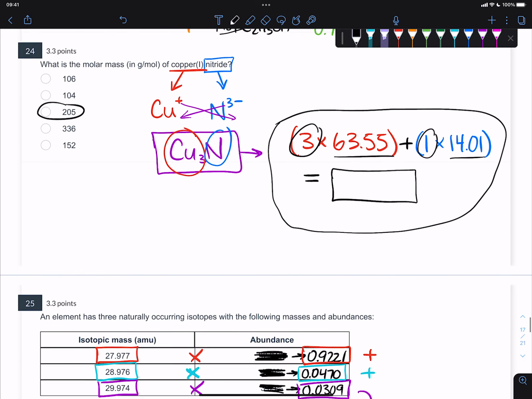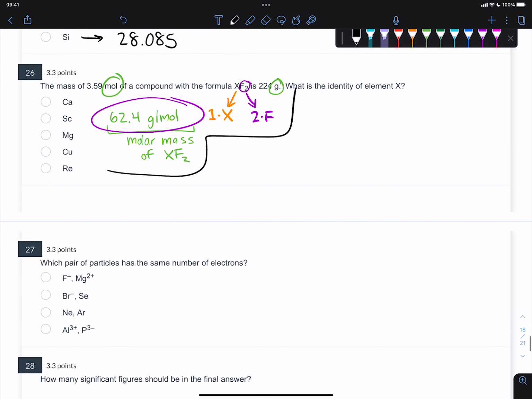If you want to think backwards, you know that molar mass is equal to the number of one element times the mass of it, plus the number of the other element times the mass of it, and you keep going. So that is going to look like this in this case. The 62.4, that's the molar mass, is going to be equal to, and there are only 2 elements in here, right?